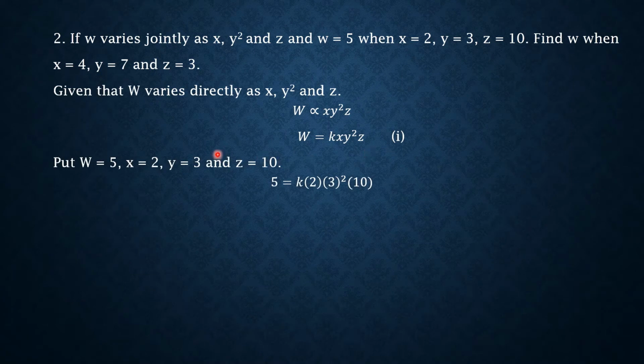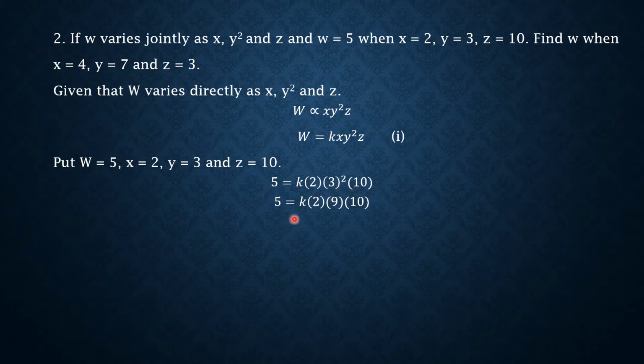Now first of all, we will find the value of constant of variation k. So put w equal to 5, x equal to 2, y equal to 3 and z equal to 10 in equation number 1. We have the value of w is 5, k into x, x is 2, y square which is 3 square, and z which is 10.